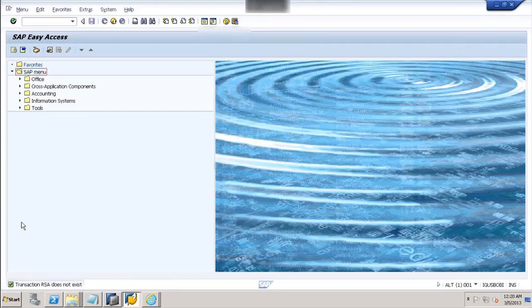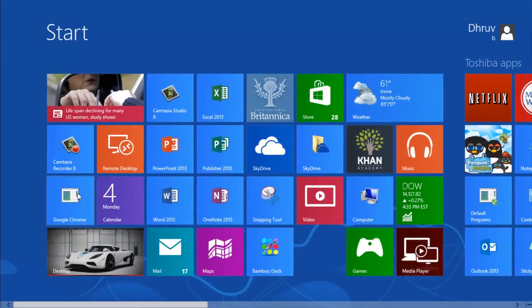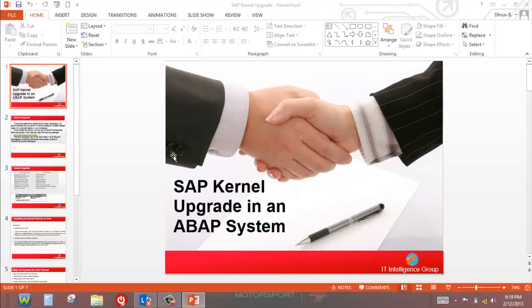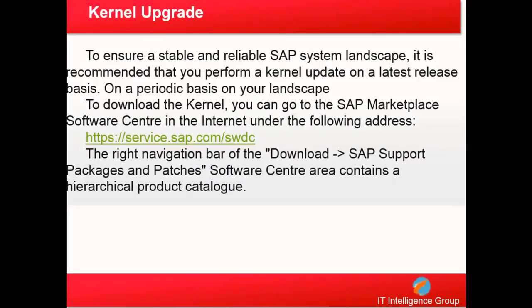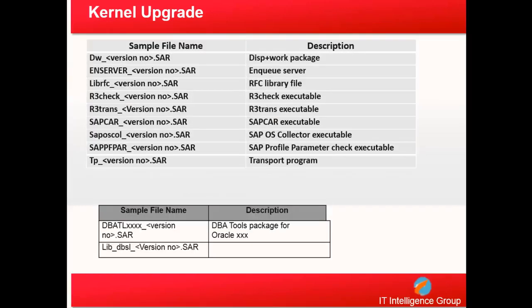Now let me go to the PPT and show you the next steps for kernel upgrades. Let me click on this PPT file and walk through it with you. As the next step, we just saw this page which shows how you can download the kernel files from the SAP marketplace.